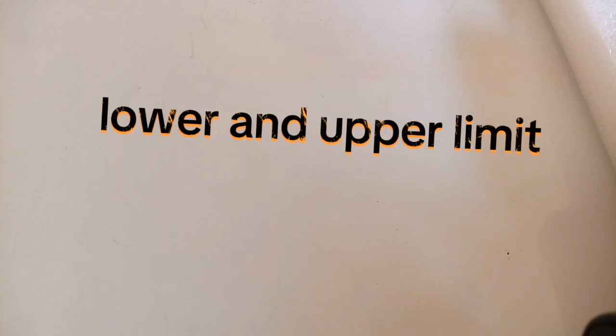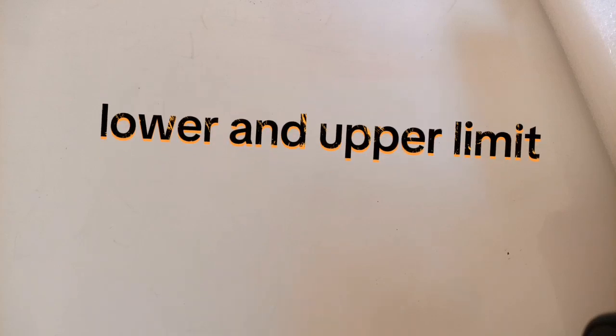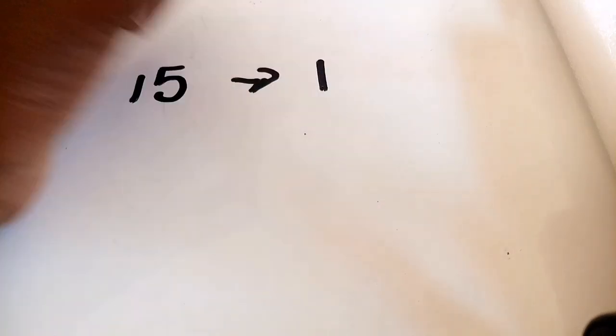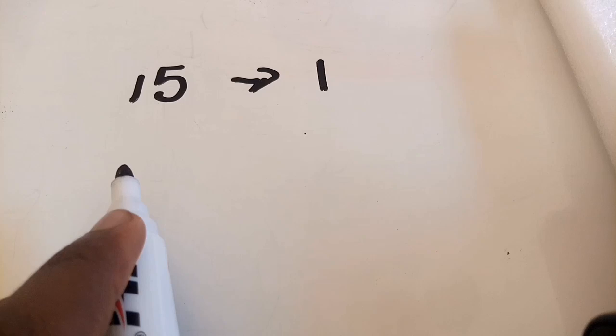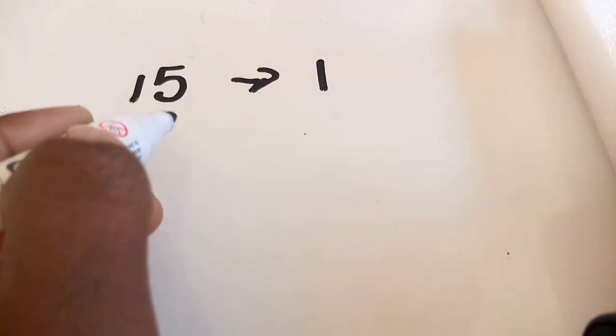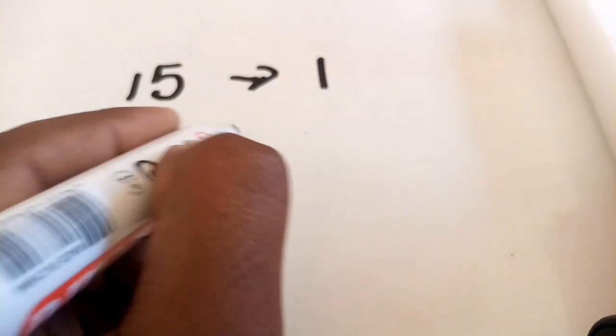Before we look at the absolute error, let's look at the upper limit and the lower limit. For the upper limit of a certain number, we had 15 as our first example, right? And we said its least unit of measurement is 1. So the upper limit will be the true value plus the least unit of measurements.